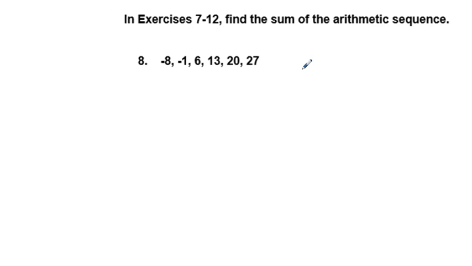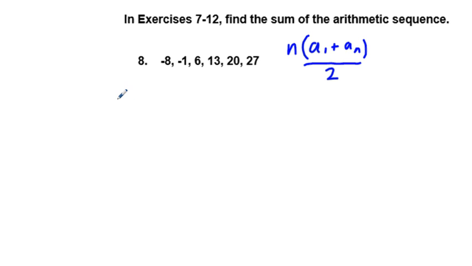The formula for the sum of an arithmetic sequence is n, the number of total terms, times the average of a sub 1 plus a sub n over 2, where a sub 1 is the first term, a sub n is the final term, and over 2 gives the average of these terms.